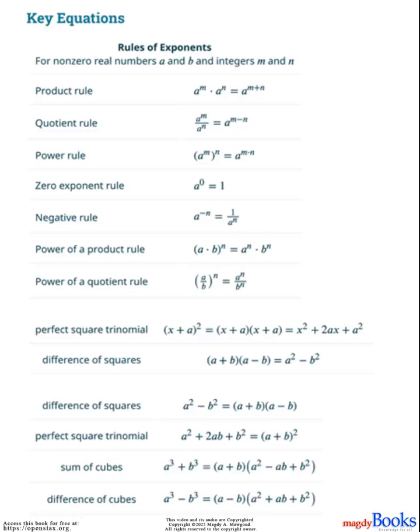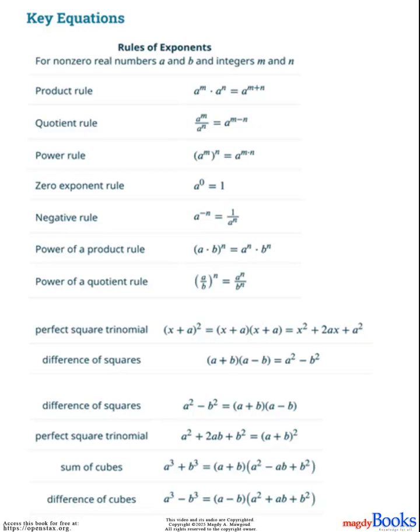Perfect square trinomial. (x plus a) squared equals (x plus a) multiplied by (x plus a), equals x squared plus 2ax plus a squared.